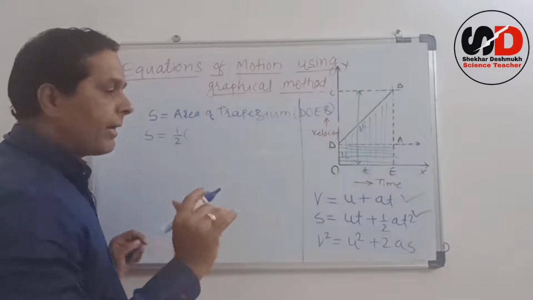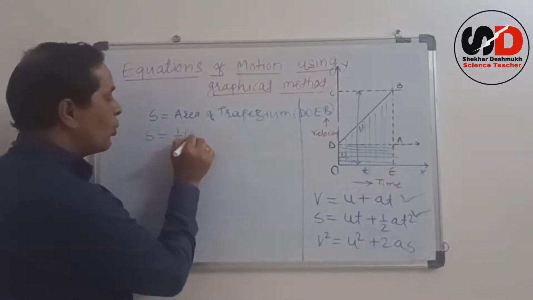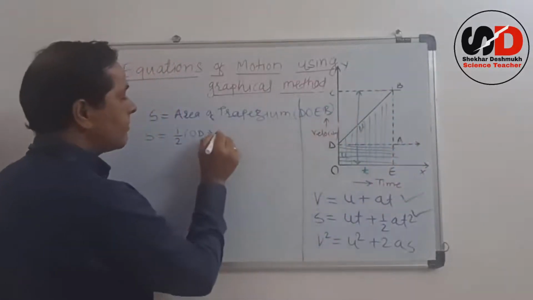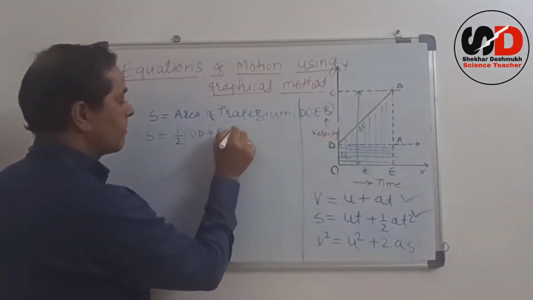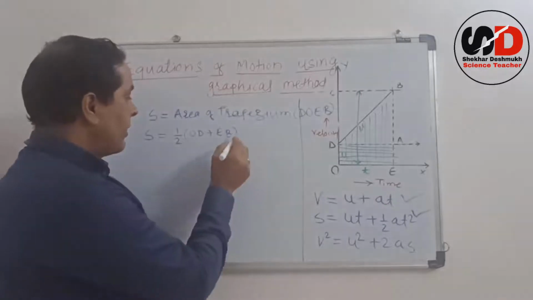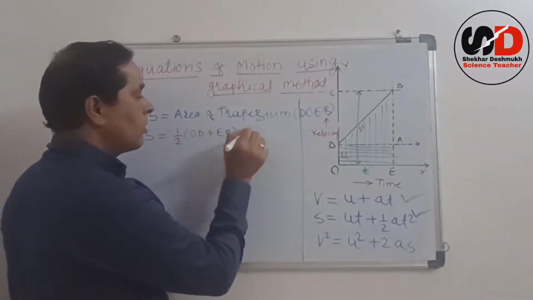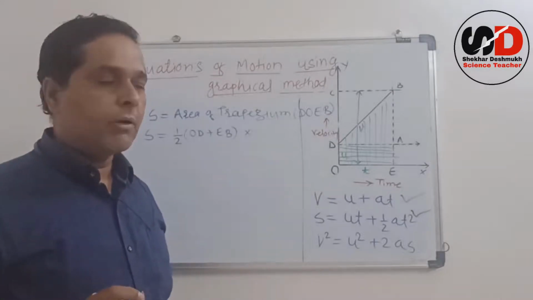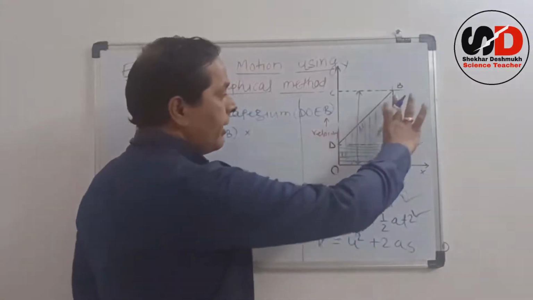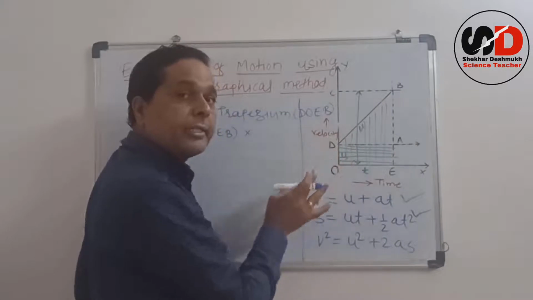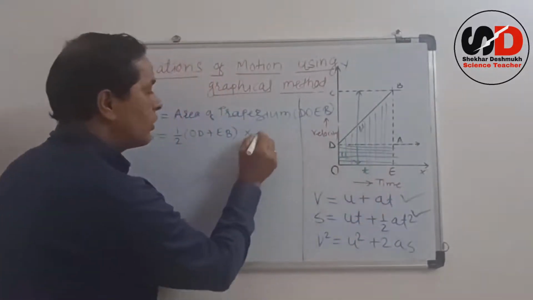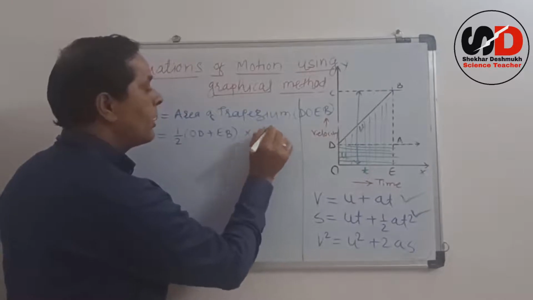So write down here OD plus EB into the distance between these two parallel sides. So the distance is OE. So write down here OE.